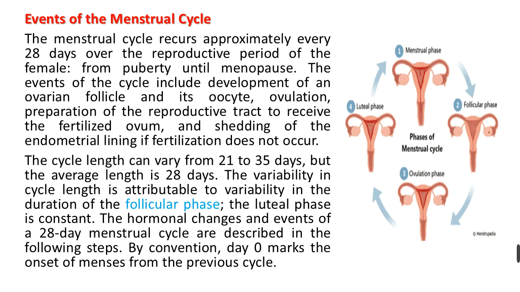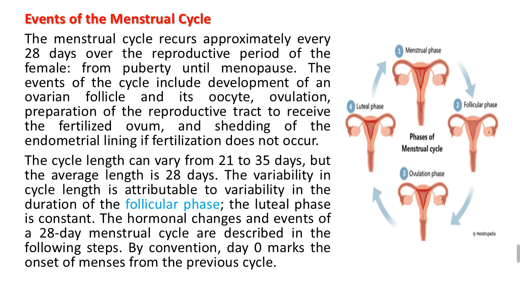The cycle length can vary from 21 to 35 days, but the average length is 28 days. The variability in the length is attributable to variability in the duration of the follicular phase. The luteal phase is constant.